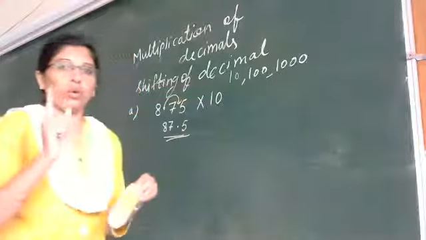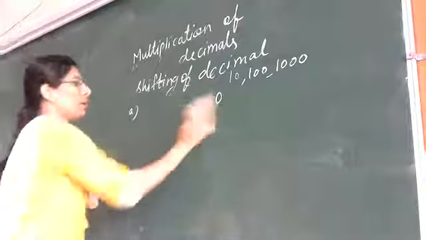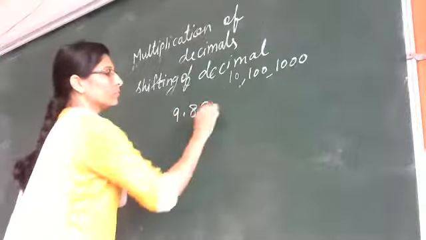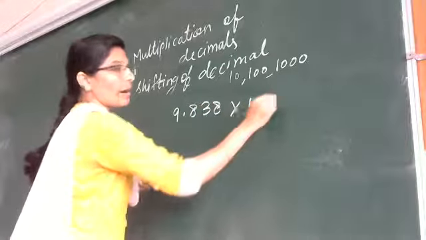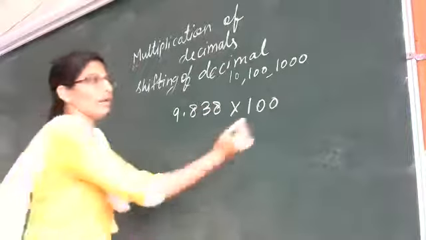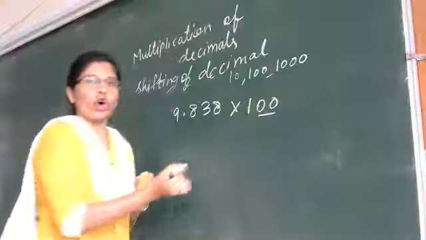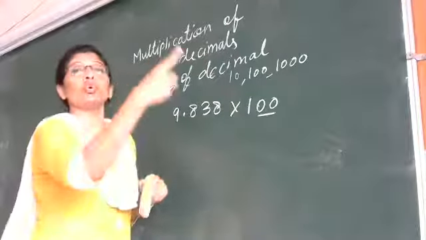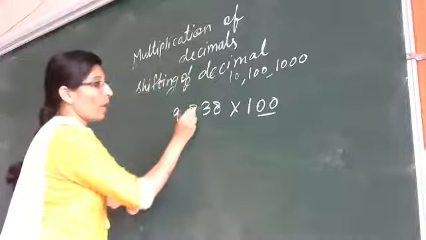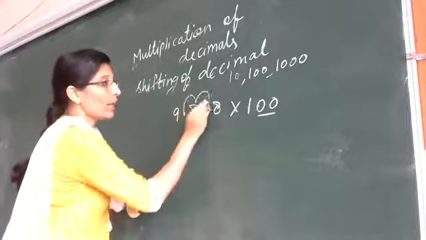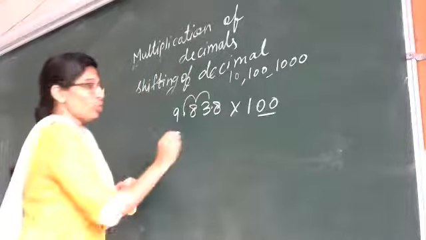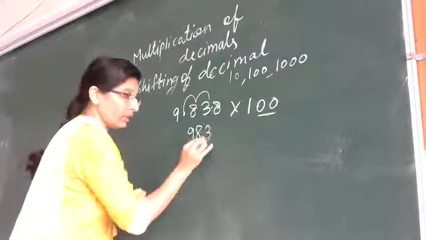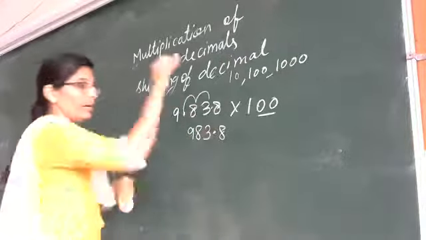Now for example, multiply with 100. 100 is having 2 zeros, so this point will shift 2 digits. 1, 2. That means it will come here. So the answer is 983.8.